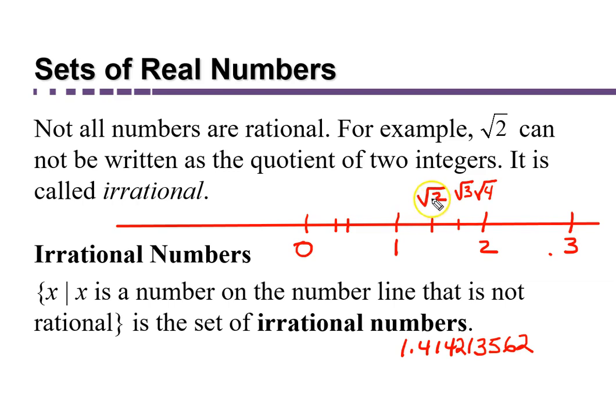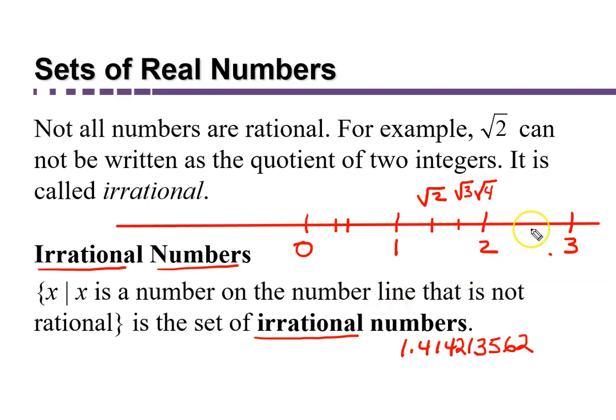If you don't have a perfect square under the radical sign, then these numbers are considered irrational numbers. And they're on the number line, but because they don't terminate in their decimal form or have a repeating pattern, they are considered, once again, irrational numbers.